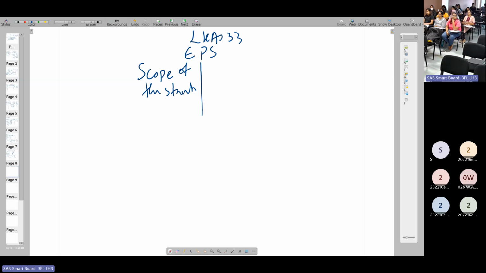I'm going to show you. These are the only entities which use LKAS 33. The red color items were eliminations. Those items that I listed in red color are not applicable to the standard. Exempted or eliminated, right? But here I write that in the same place, so you can use blue color.